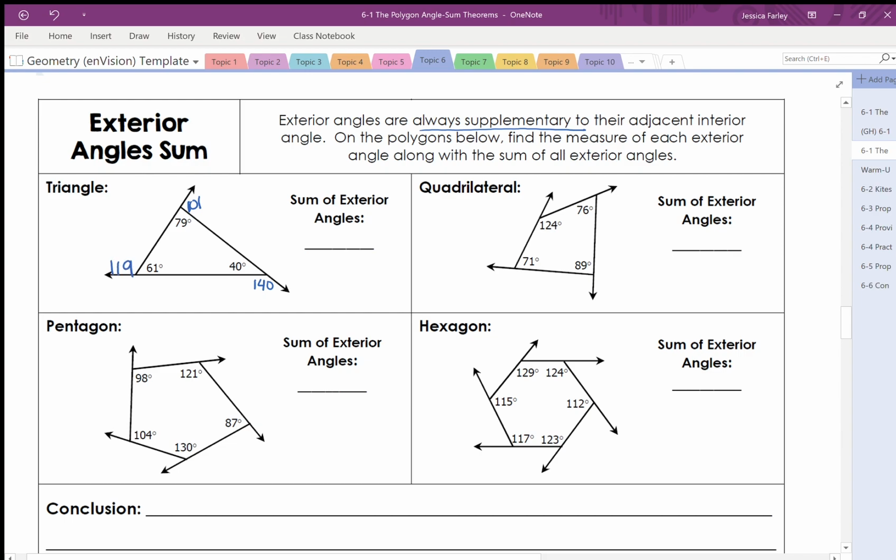So go ahead and add 119 plus 101 plus 140. And what do you get? 360 degrees.